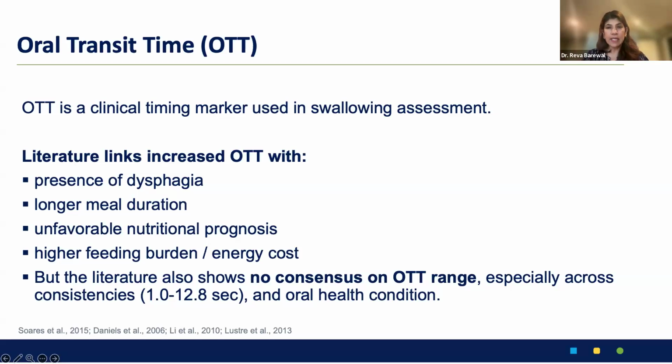But what I'd like to say is that solids are a different beast than liquids. And so when we look at the definition of oral transit time, it's most commonly defined as the time from the onset of purposeful posterior lingual propulsion of the bolus to passage of the bolus through the oral pharyngeal boundary.